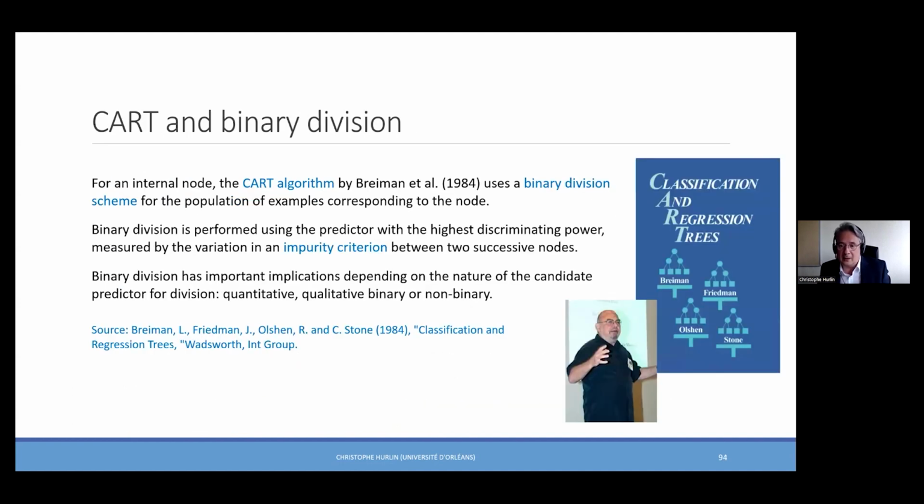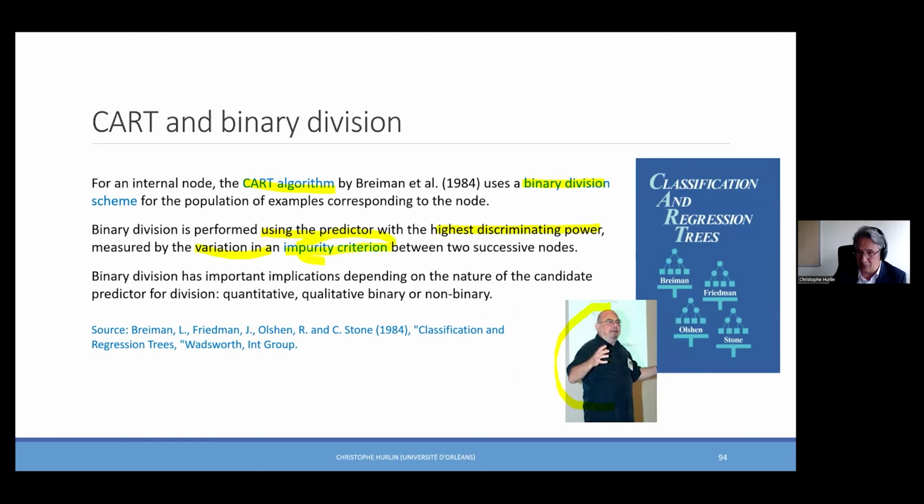So the CART algorithm, this is Breiman. The CART algorithm uses the principle of binary division, and the binary division is performed using a predictor. At each stage, we select the predictor, so the variable, with the highest discriminating power, which is measured by the variation in an impurity criterion.